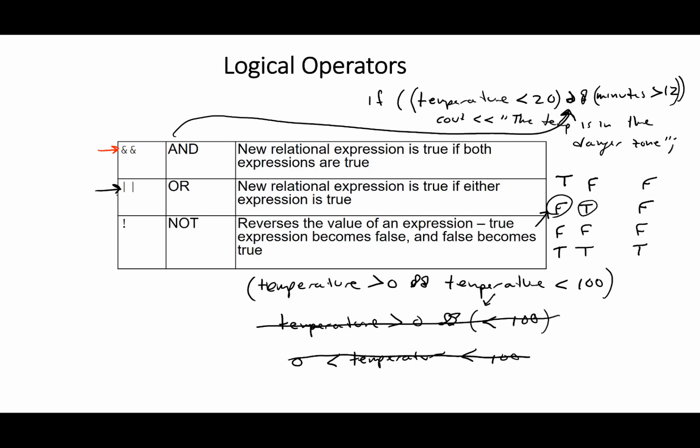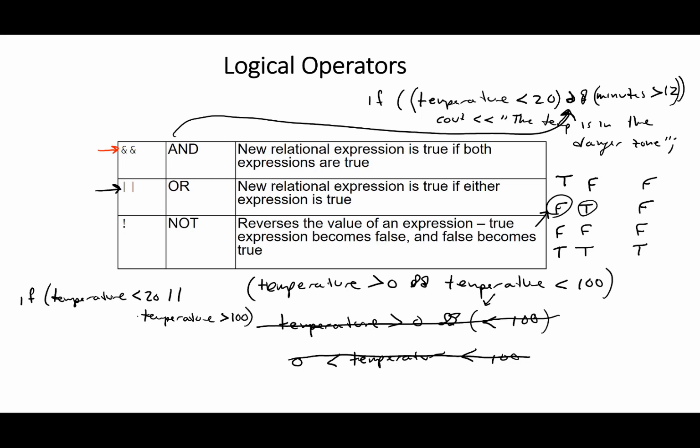So if one of the two is true, then this will be true. The way that we can write this is we could say if temperature is less than 20 or temperature is greater than 100.